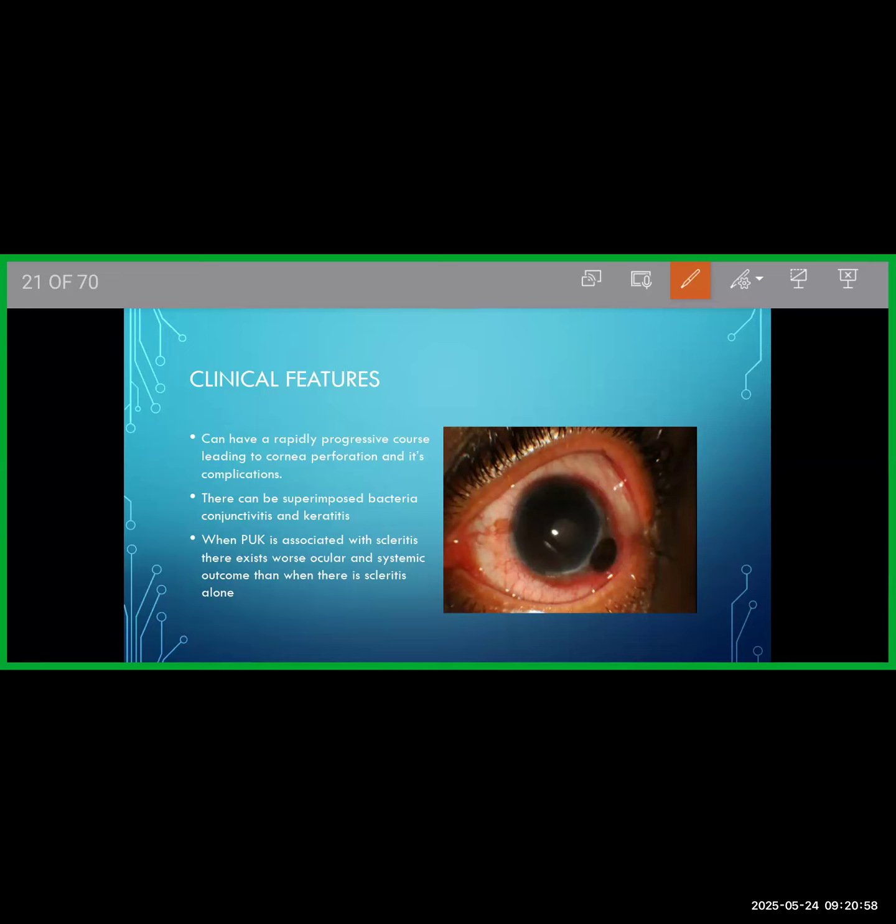Whenever you see hypopyon in a patient with PUK, we should suspect superimposed bacterial keratitis. Now, when PUK is associated with scleritis, there exists a worse ocular and systemic outcome than when it is scleritis alone.